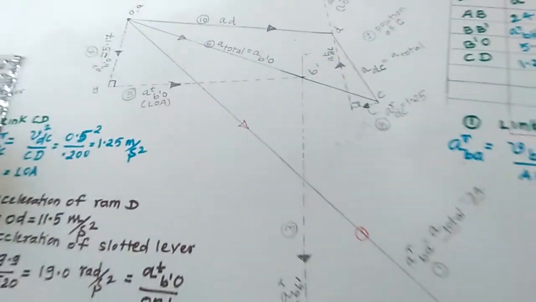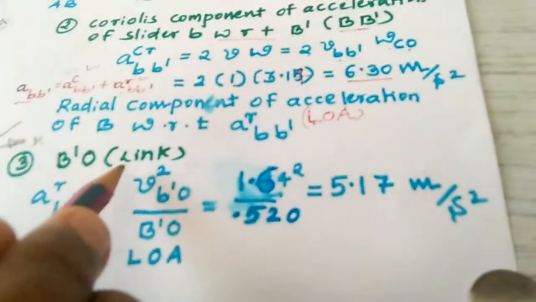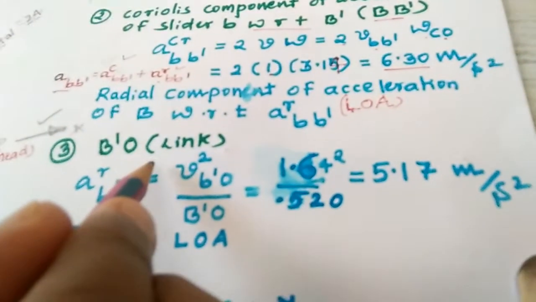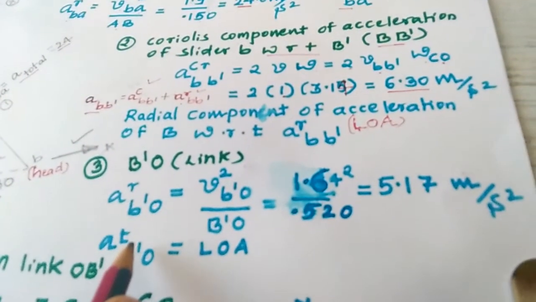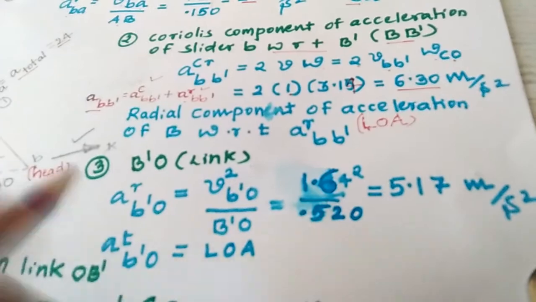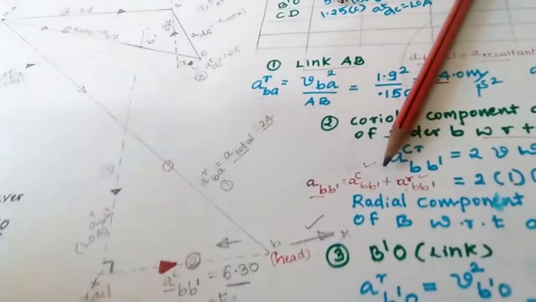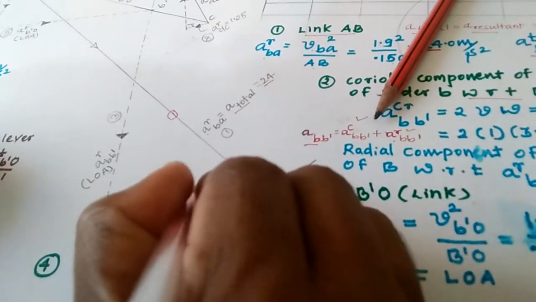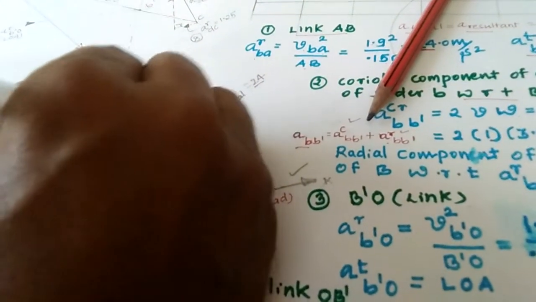Then you come to the third one. The third link is what? B dash O. Look at that one, B dash O. In that case also you'll find two components, one radial and one tangential. I have taken this as the first, this as the second, and this as the third.